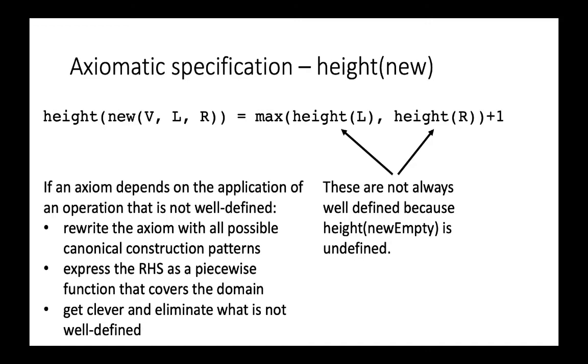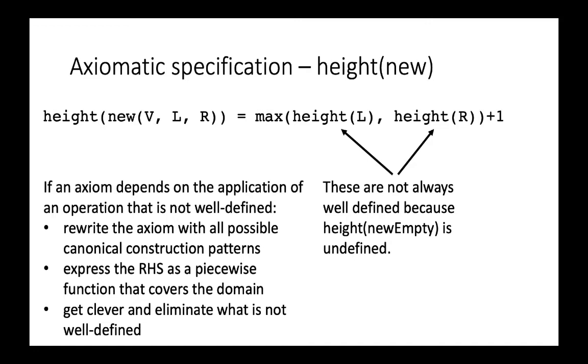That would be a very convenient and easy way to define this axiom. But height of the tree is not well defined for certain constructions. In fact, height of new empty is undefined. And so we have a problem here, right? We have to solve it somehow because this is not always true. So we can do one of three things.